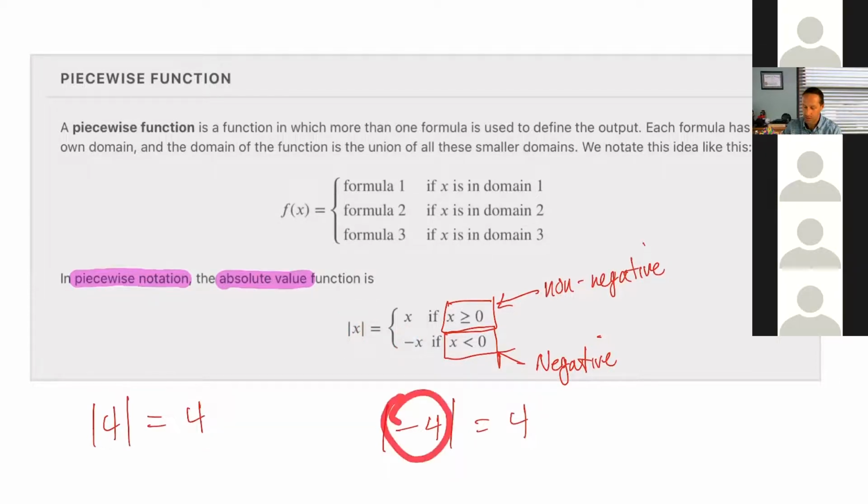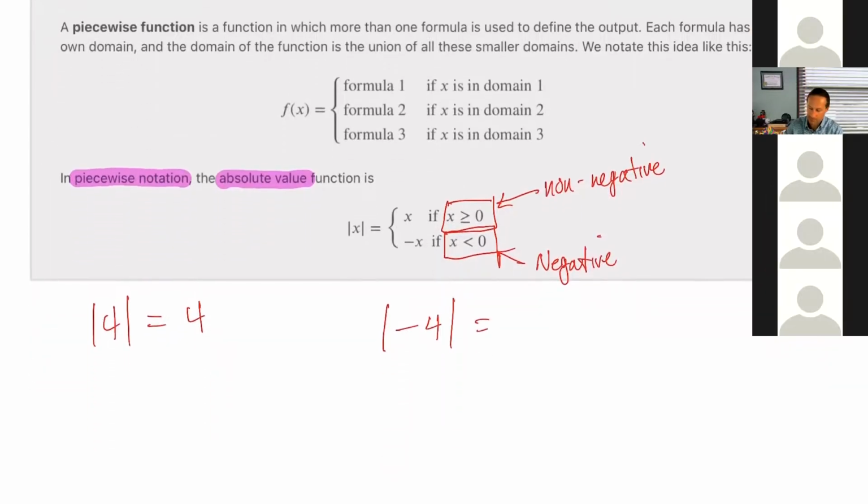Because if you put in a -4, according to this, doesn't it look like it says that you should be getting -4? But in reality, it's saying if you put in anything, you will get out one of two things, either that thing or the opposite of that thing, depending on if it's 0 or above or less than 0.